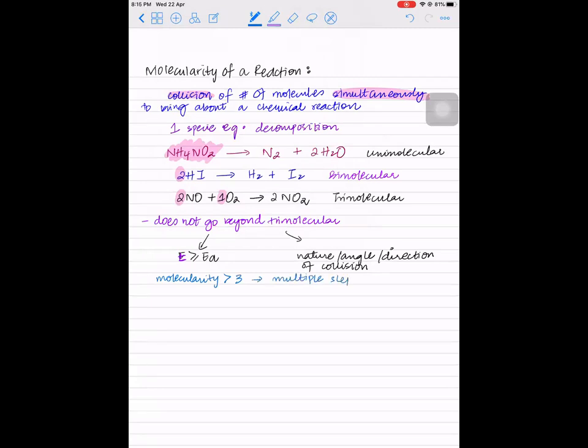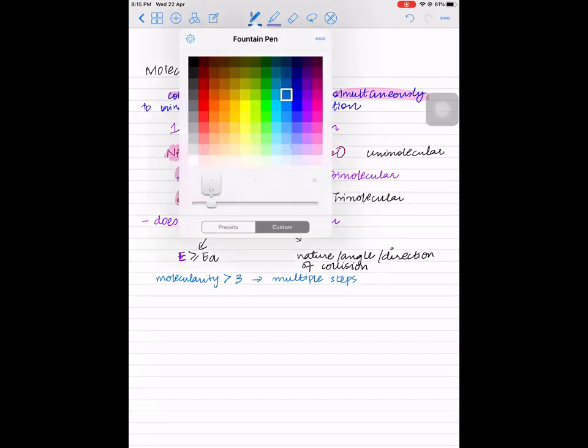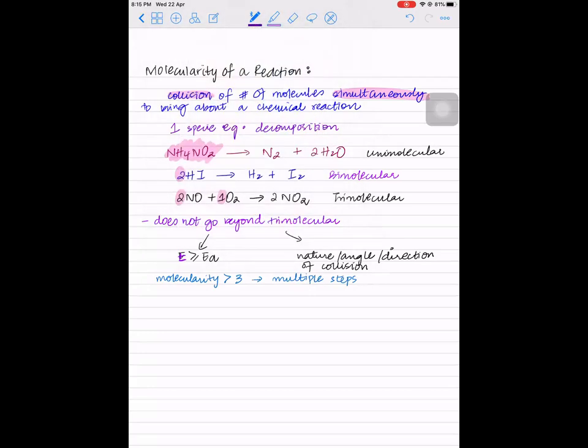In multiple steps, we have the slow step and the fast step, and the slowest step is what we call the rate determining step.